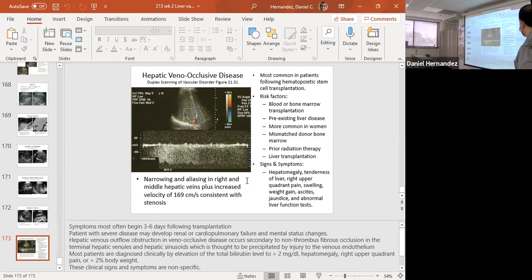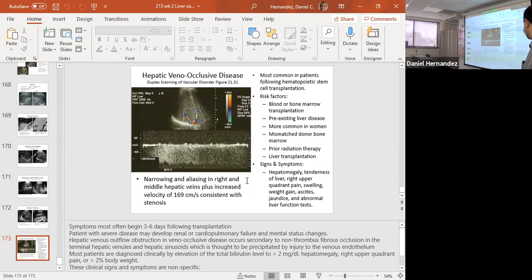In this case, when we're Dopplering the hepatic veins, we see narrowing and aliasing in the right and middle hepatic veins with increased velocities. Symptoms most often begin 3 to 6 days following transplantation. Patients with severe disease may develop renal or cardiopulmonary failure and mental status change.